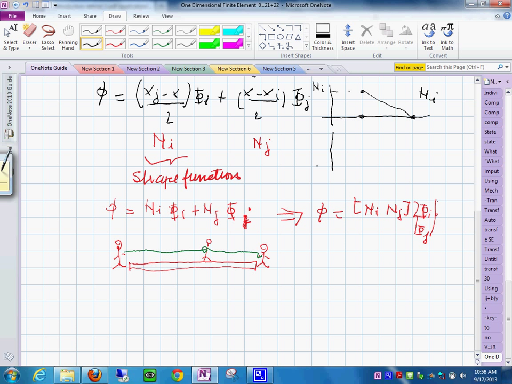And then when you look at n sub j, when x is equal to 0, then this is 0, but when x is equal to x sub j, this is 1.